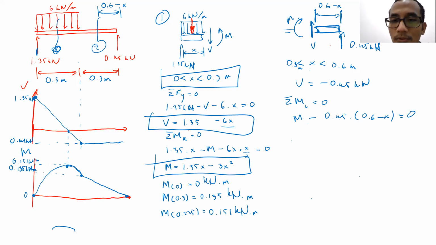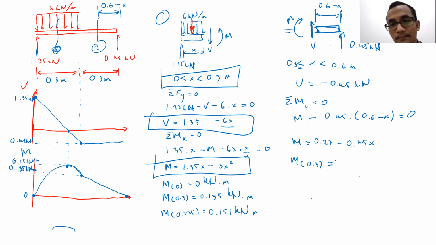So your M will be 0.45 multiplied by 0.6. What is the value of that? 0.27. So M is 0.27 minus 0.45x, right? Yes. Now you can check again the value of the moment at 0.3 meters.